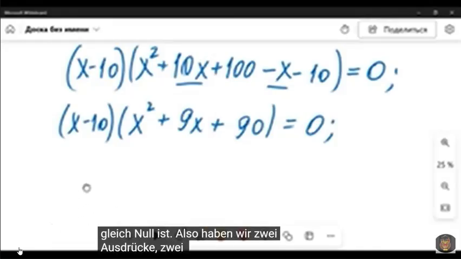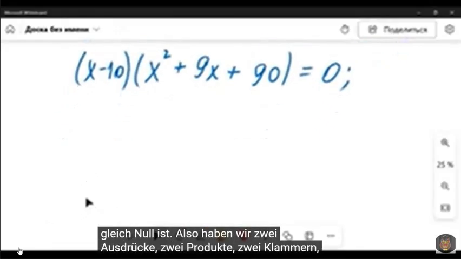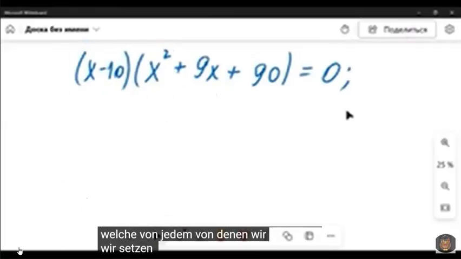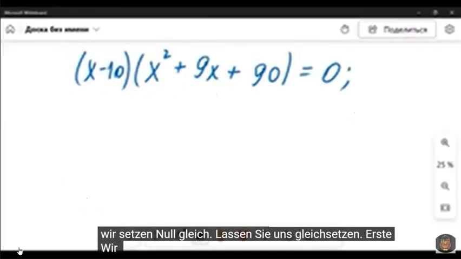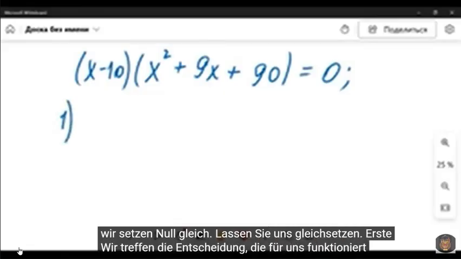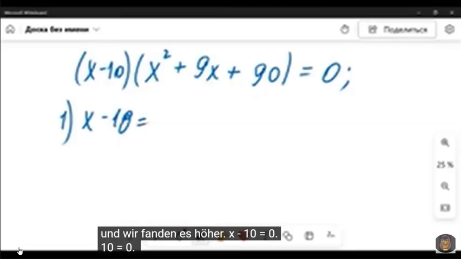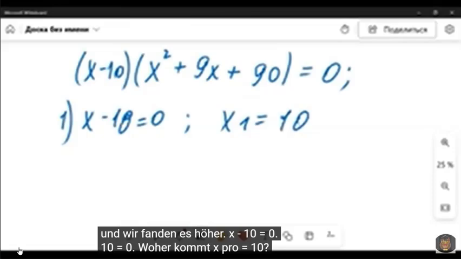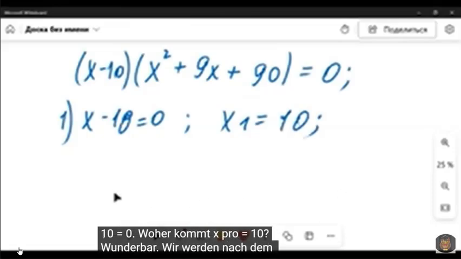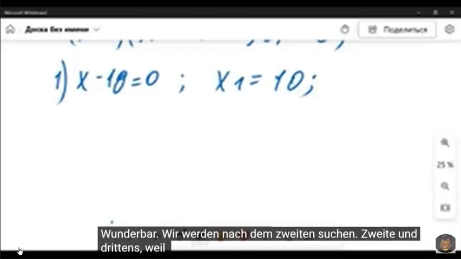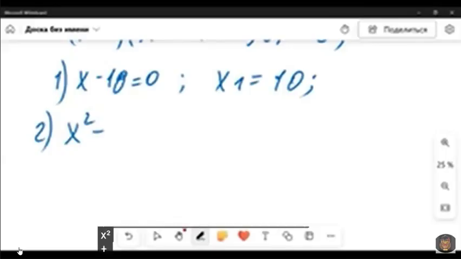So, we got two products, two brackets, each of which we equate to 0. The first solution, which we found above: x minus 10 equals 0, where x first equals 10 comes from. Excellent. We will look for the second and third, because we have the third power: x squared plus 9x plus 90 equals 0.